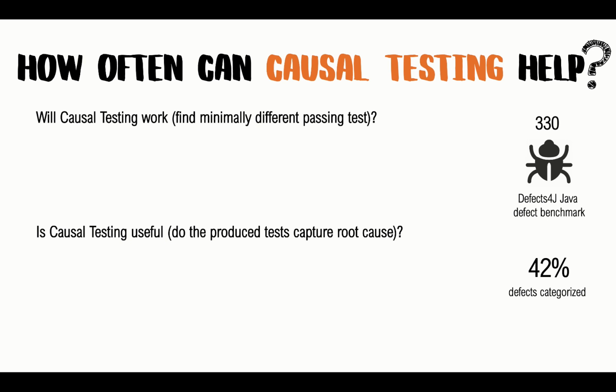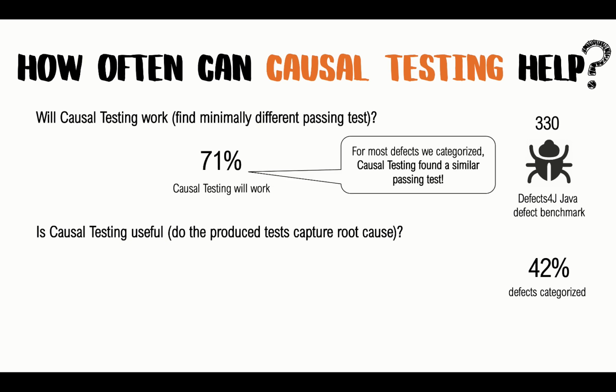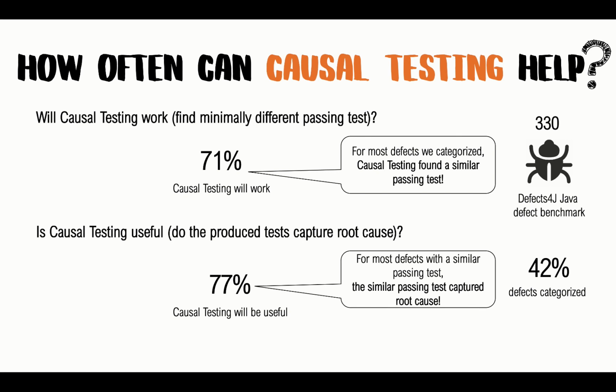Of that 42%, we found that for 71% of those defects, causal testing would work. This means that a causal testing tool, like Holmes, could find at least one minimally different passing test for the defect. Of the 71% where causal testing would work, we found that for 77% of those defects, causal testing would be useful. This means that the similar tests found by causal testing capture the defect's root cause.